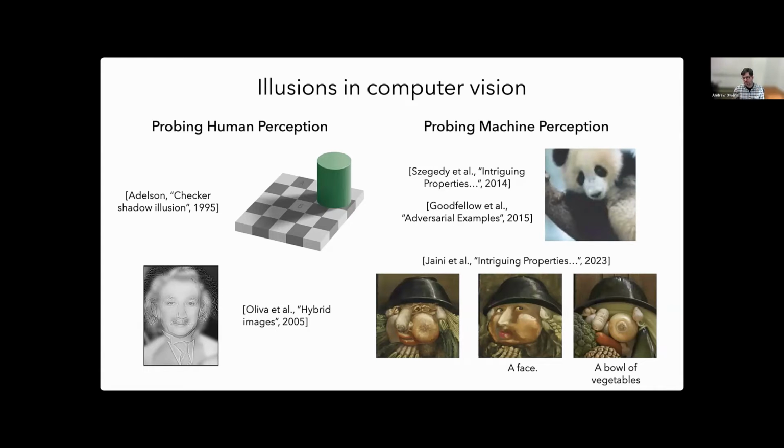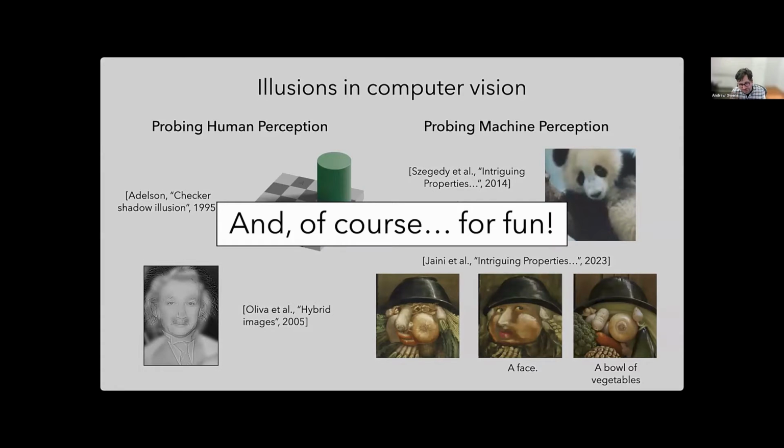And maybe most relevantly, there is some really interesting recent work that probes how classifiers based on diffusion perceive the world, and how they seemingly can fall for some of the same optical illusions as humans. So those are some scientific reasons why I think it's important to study optical illusions, but mostly we're interested in just creating these illusions for fun.